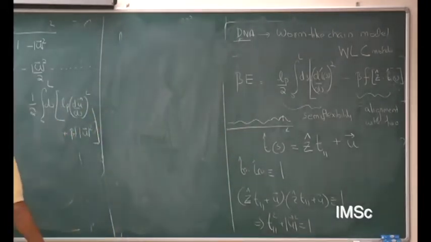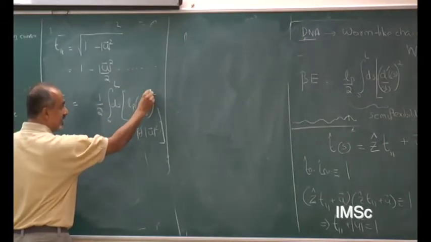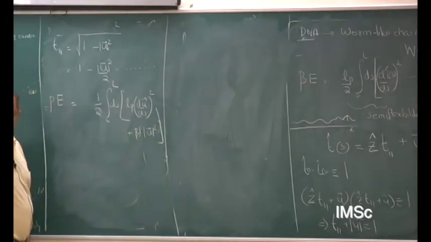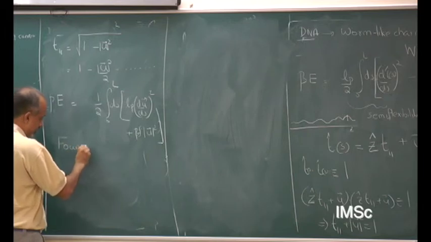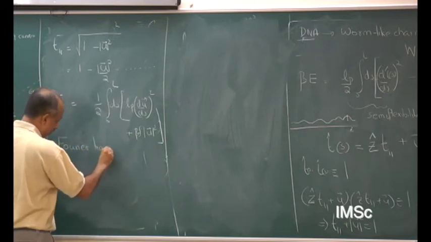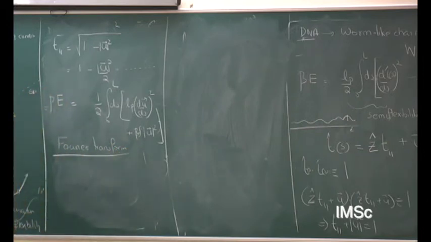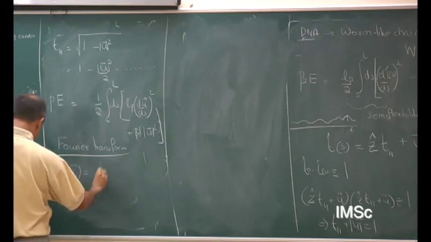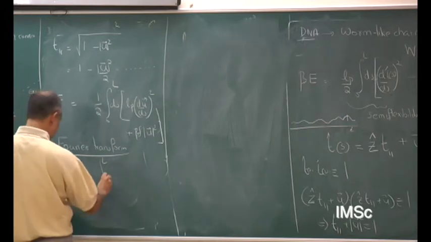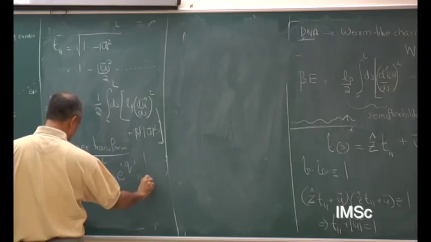Once I have something like this where u appears explicitly here, remember that u is only quadratic. There's a quadratic term here and a squared term here. So I can use a Fourier transform. And when I use a Fourier transform, I choose it in the form u of q is integral 0 to L ds e to the i q s u of s.